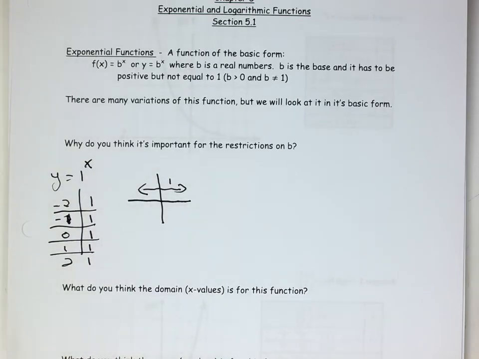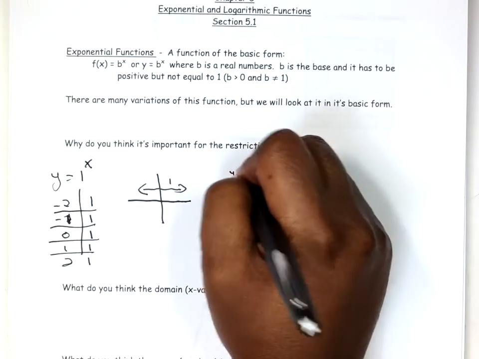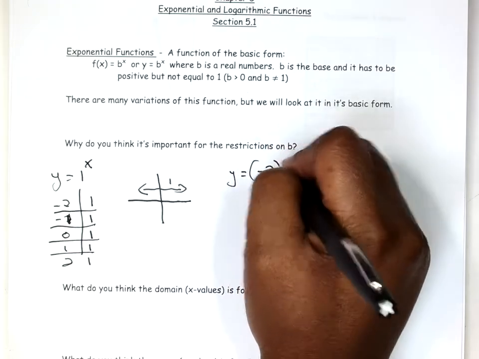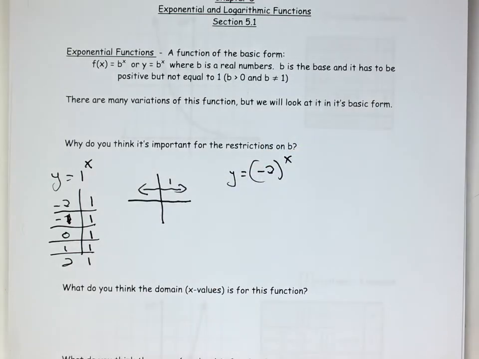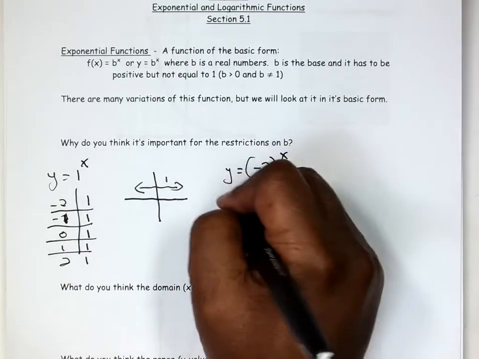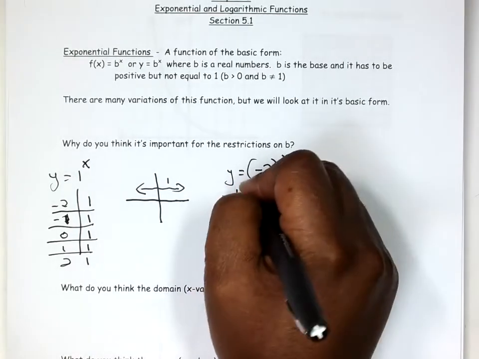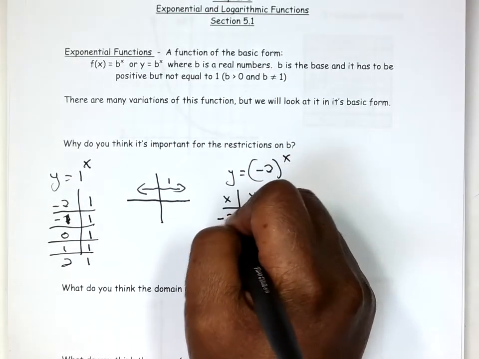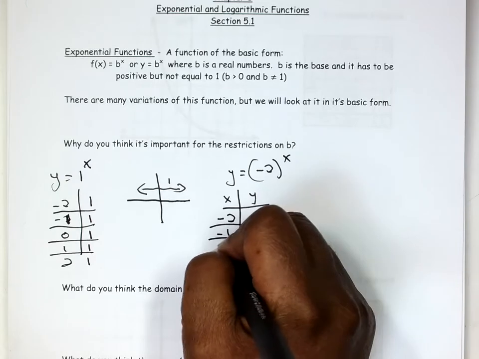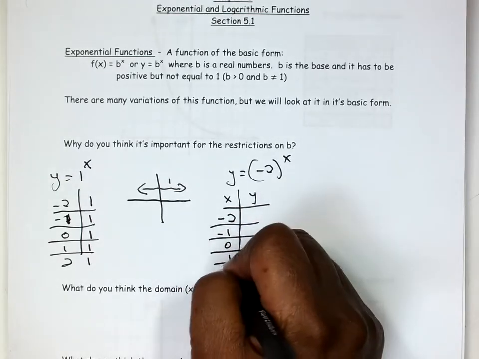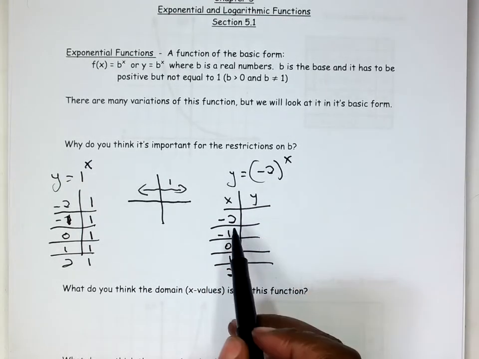The other restriction is it has to be positive. So what happens if I had a negative value? So let's say I had y equals negative 2 to the x. Well, I'm just going to pick a few values again. I have negative 2.